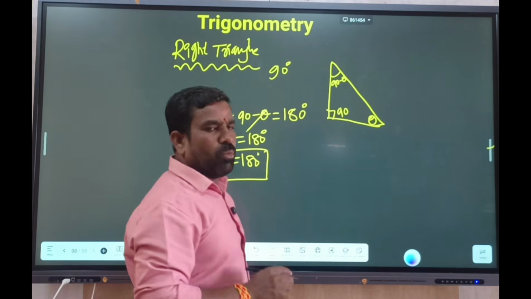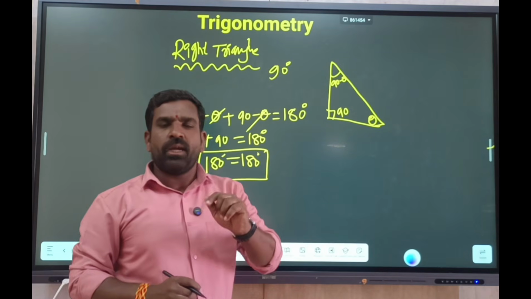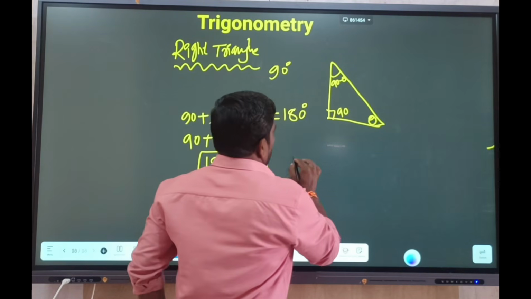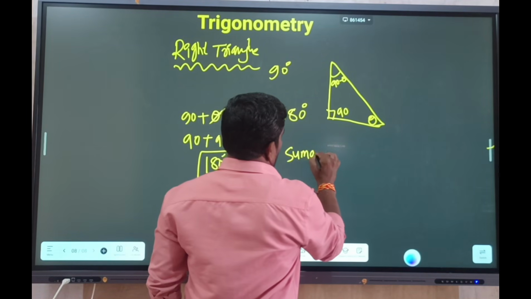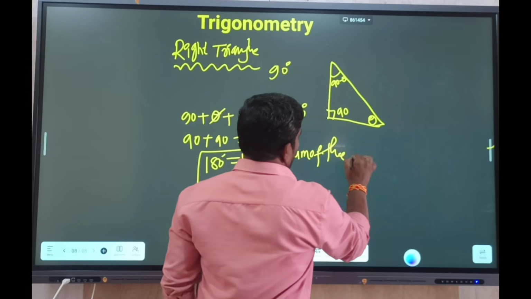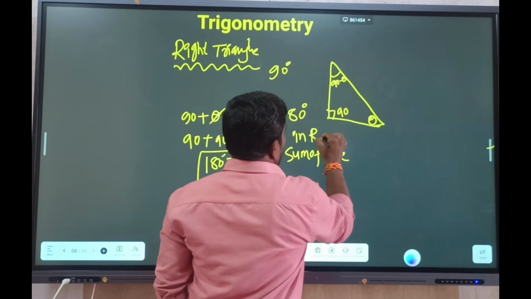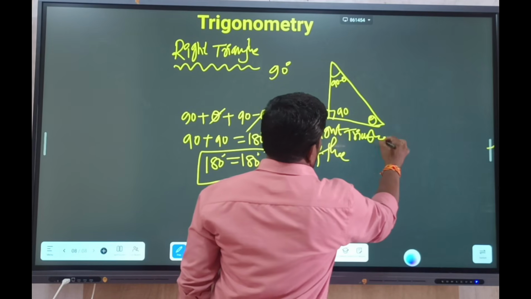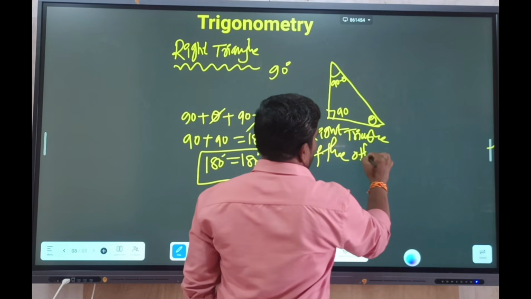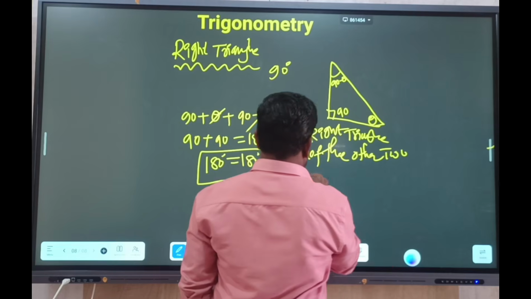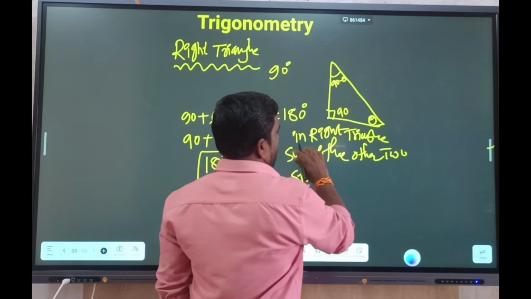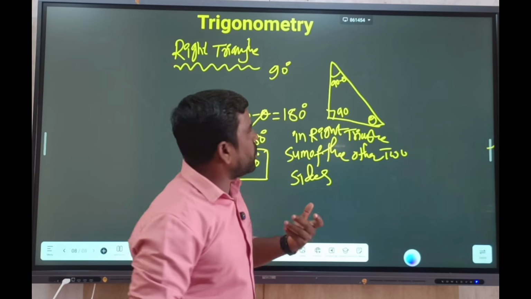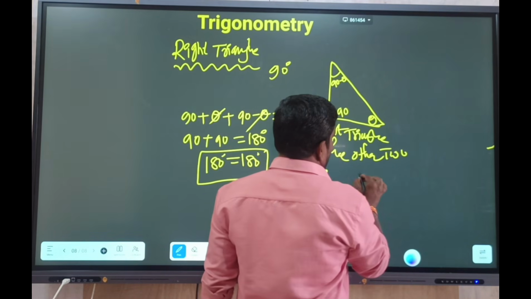So here is the most important key point, very important. In every competitive exam, they ask this type of question. In a right triangle, the sum of the other two angles is how much? For example, alpha plus beta.